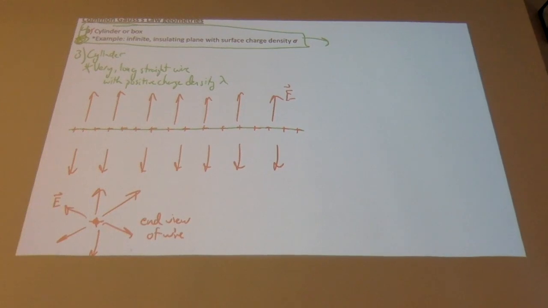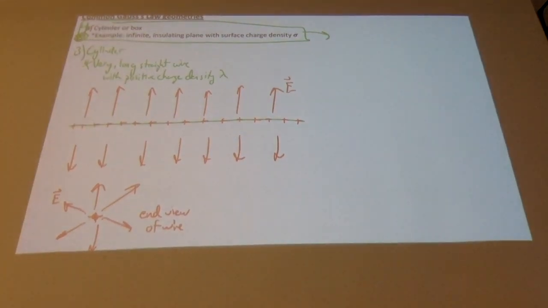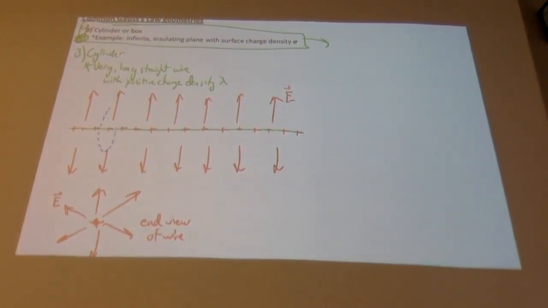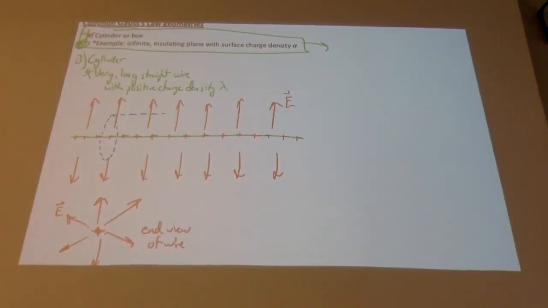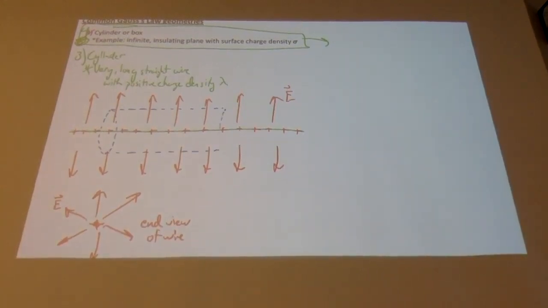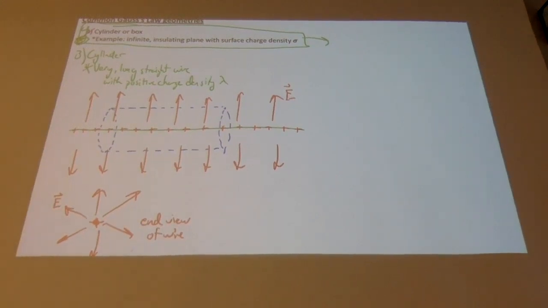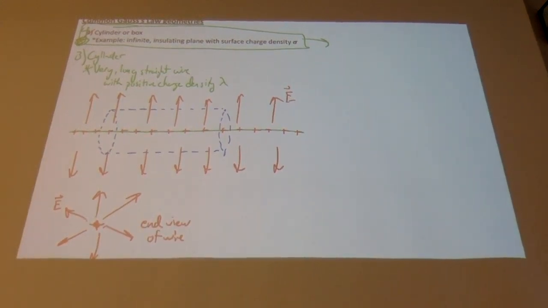To do that, I'm going to set up a Gaussian surface that is a cylinder. And this is where things artistically get a little difficult, but hopefully you can sort of get the idea. I'm putting a cylinder that's imaginary around the wire.